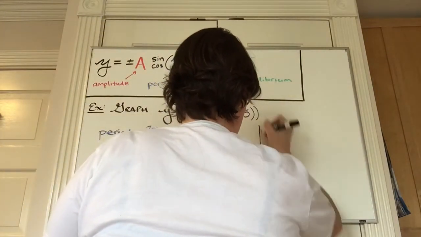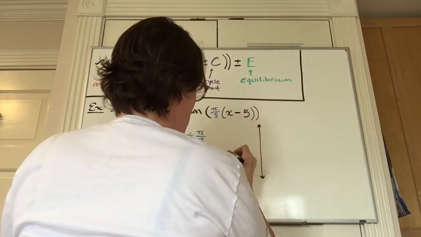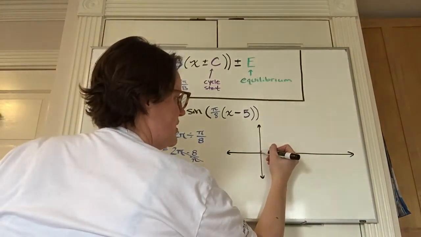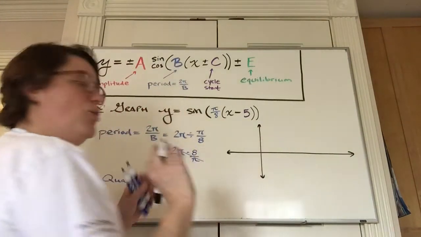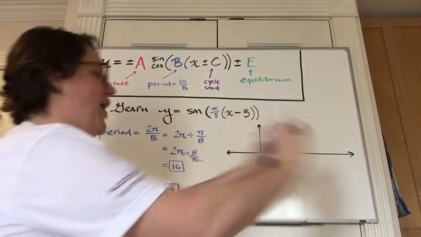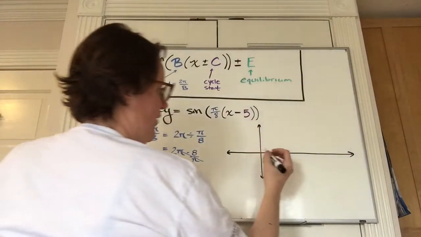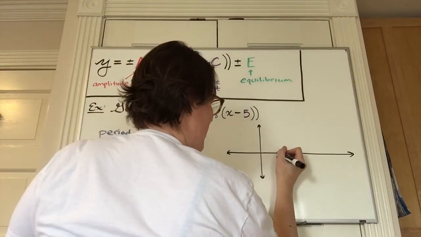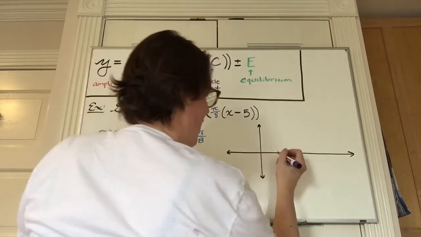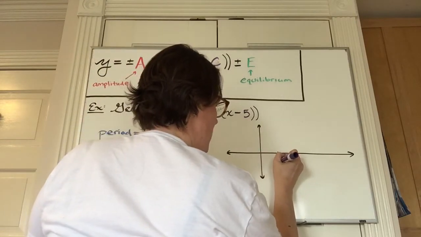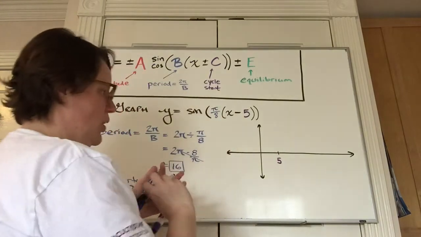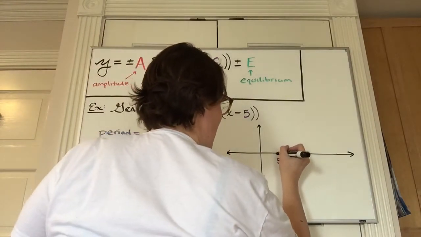Well, when you go to graph this function, instead of having the sine cycle just start at 0, the sine cycle is going to start 5 forwards. So I am not going to start my graph right at 0. I'm going to start my graph at x is equal to 5. I'm going to draw a complete sine cycle starting at 5.